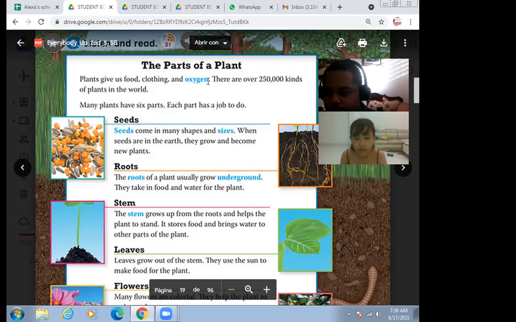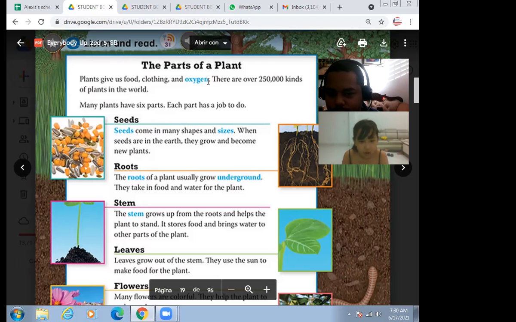There are over 250,000 kinds of plants in the world. Many plants have 6 parts. Each part has a job to do. Seeds. Seeds come in many shapes and sizes.